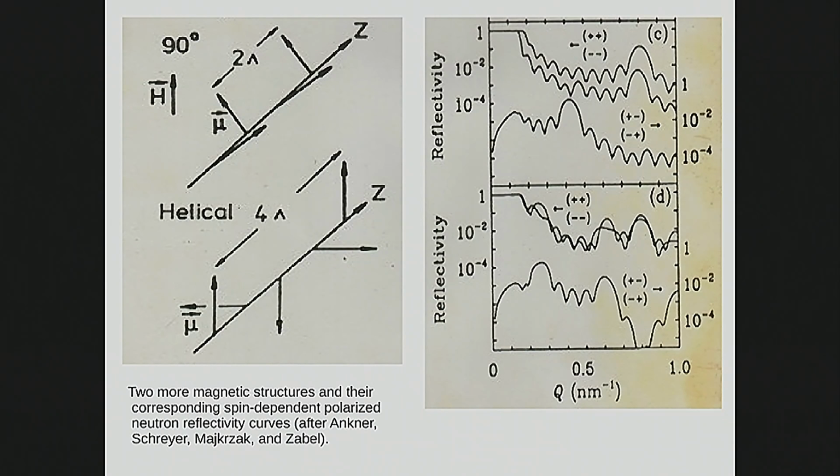So you can stare at these things and think about it a little bit. And then here's a helical structure that wraps around like this. And that gives rise, again, to this structure. Now, if you analyze this, the only way that this is consistent with the data is with this particular structure.